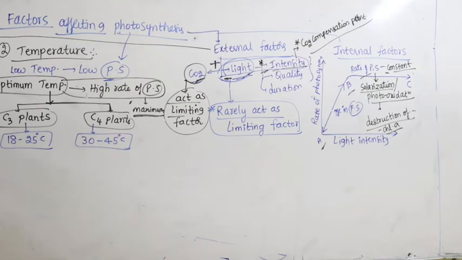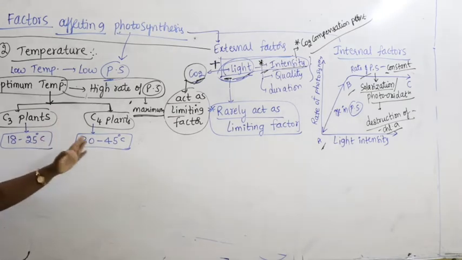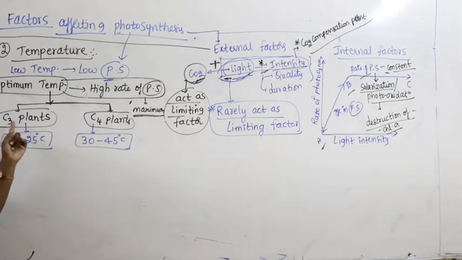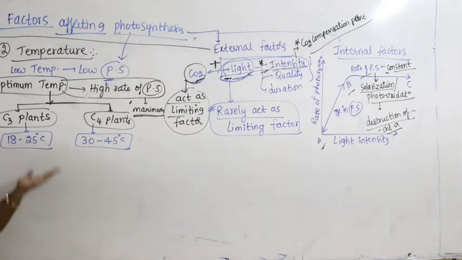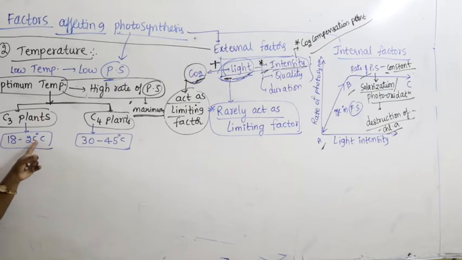As the temperature increases, the rate of photosynthesis also increases in C4 plants. But coming to C3 plants, up to 25 degrees the rate of photosynthesis increases, but beyond 25 degrees the rate of photosynthesis becomes constant or declines. So the temperature optimum for C3 plants is 25.